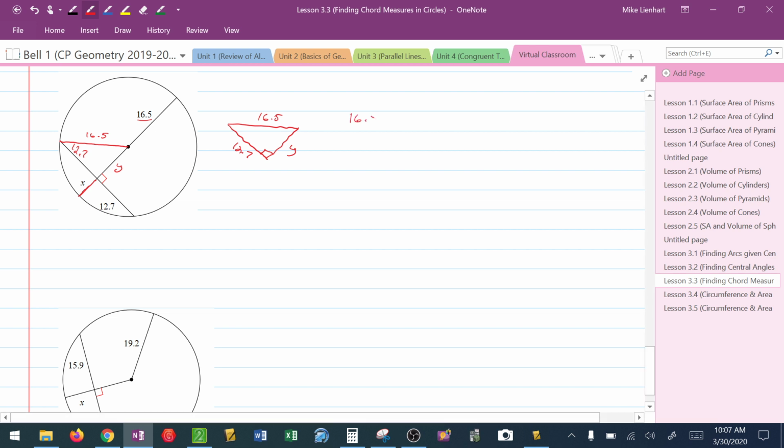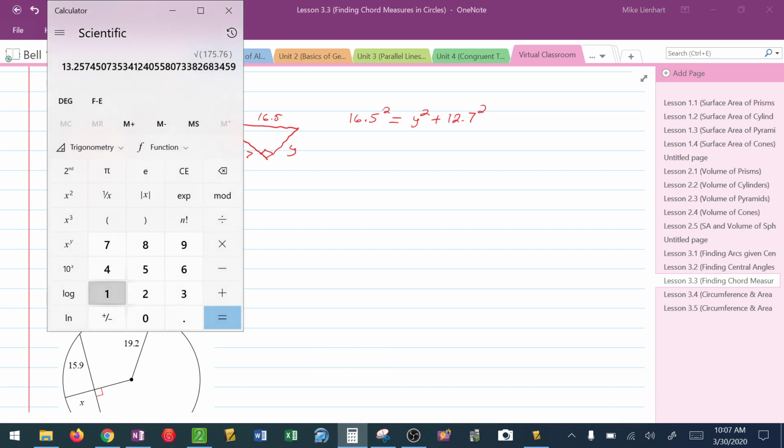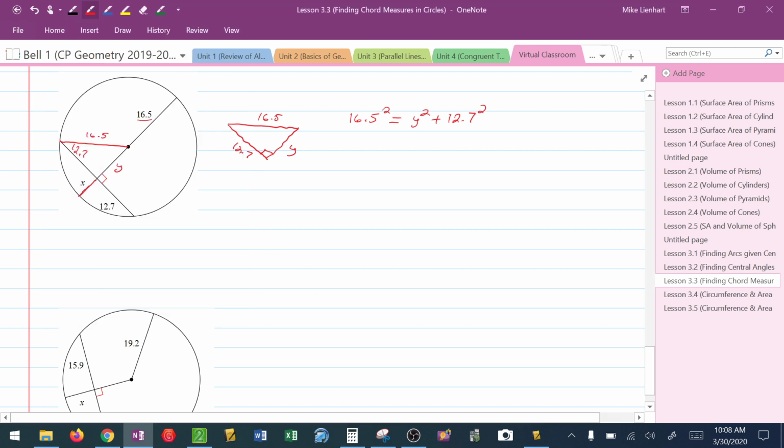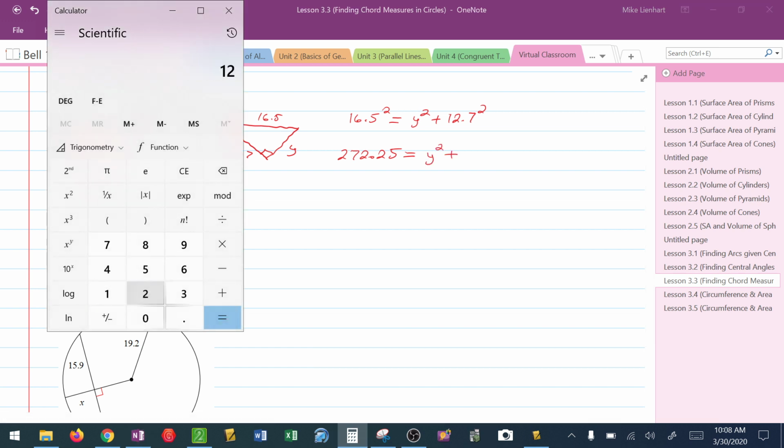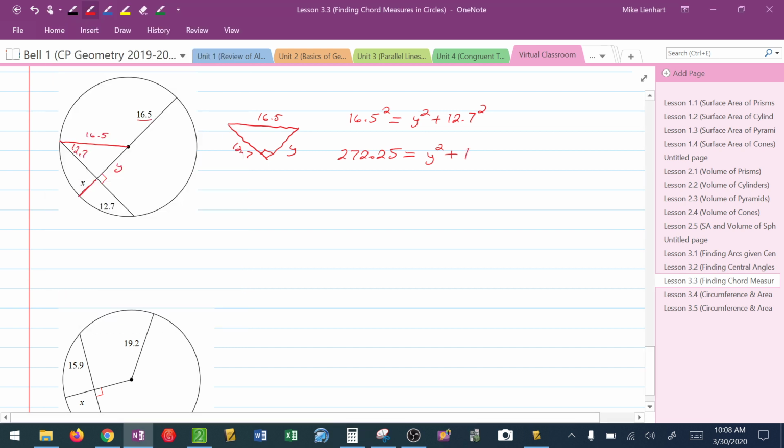And this would be 16.5 squared is equal to y squared plus 12.7 squared. All right, so 16.5 squared, that'd be 272.25. And that's equal to y squared plus 12.7 squared, 161.29.